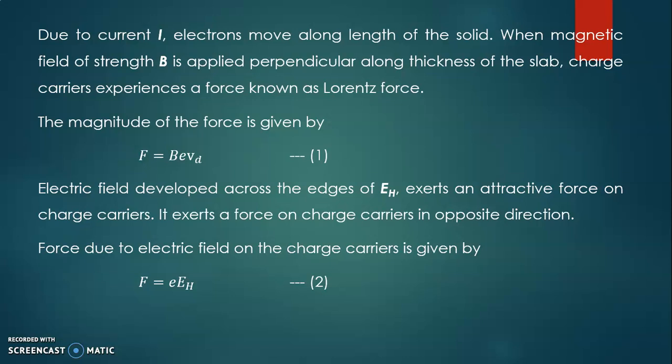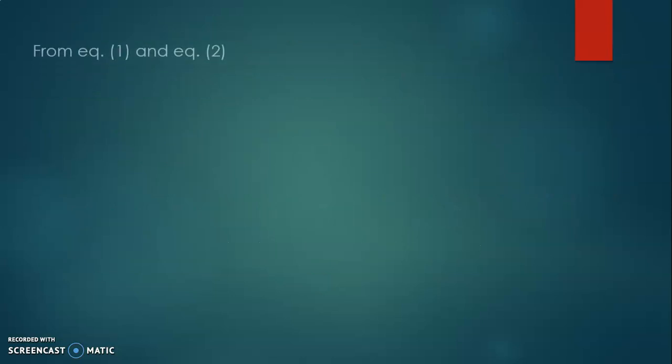At that time the charge is moving in a straight line. So these are the two forces acting on the carrier, and due to that it gets to an equilibrium position. We can compare both forces.